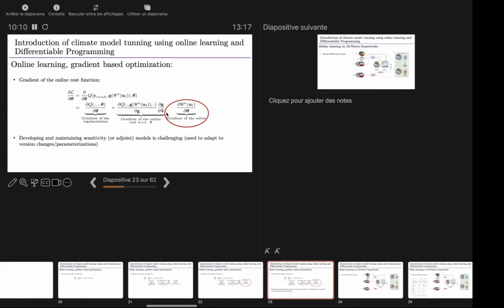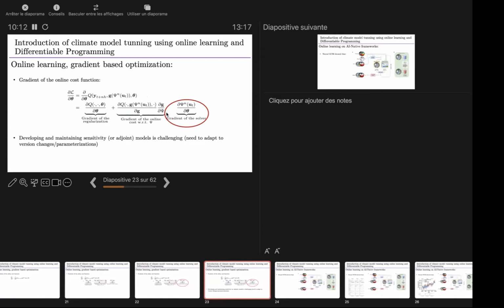And this is an issue because for most of the climate models and climate model components that we truly care about, we do not have access to this term. So we need to figure out a trick or a way to either specify or approximate this term in order to solve the optimization problem using gradient descent, for example.